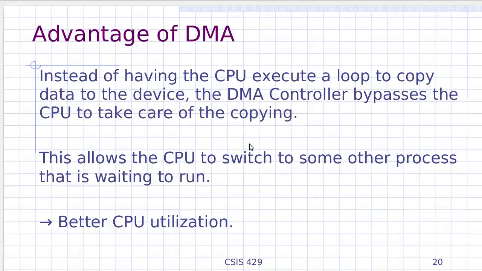And so this allows the CPU to switch to some other useful thing, like some other process that's waiting to run, and this is much better overall CPU utilization. That's the main advantage of adding this little piece of hardware for the DMA controller, and it makes everything much faster.